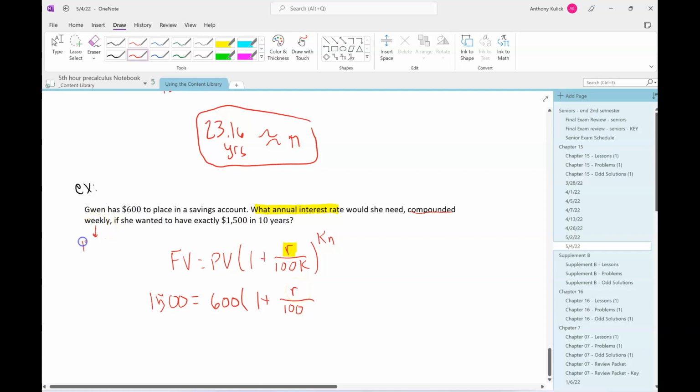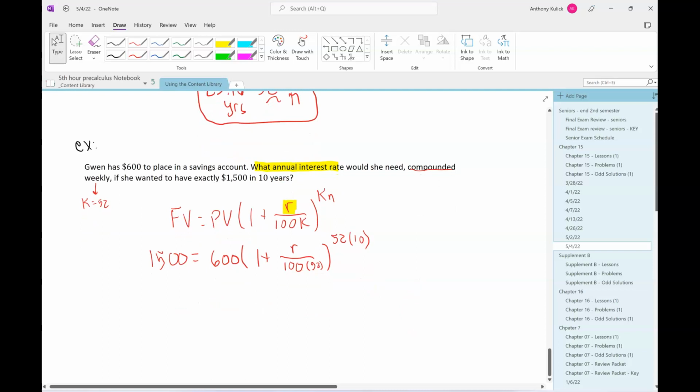Yes, good. So the k is sometimes tricky to pick out because it's always going to be in words like that. And then the last thing we need is our n, which is 10. Cool.